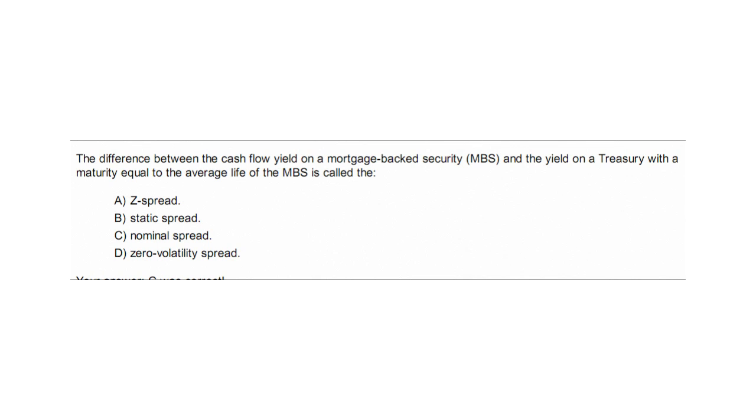So it's the cash flow yield and the yield on the treasury bond. This nominal spread is just the difference between the yields today. We are not adding anything to the future and discounting it back. We just have the yields for them. So if one yield is 7.5 and another yield is 7, we just subtract them.